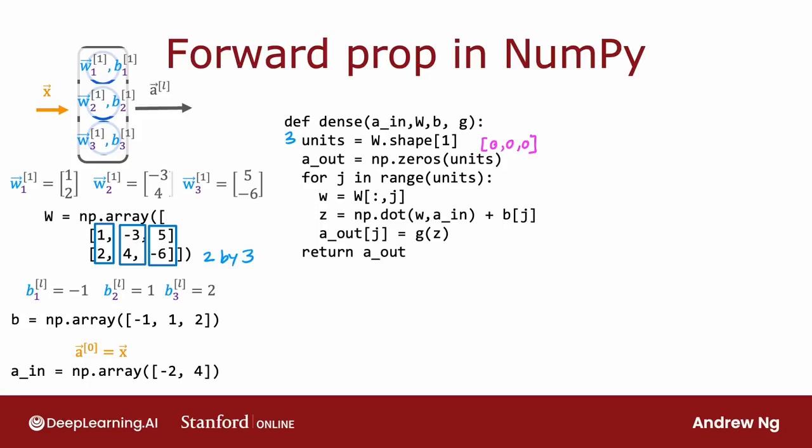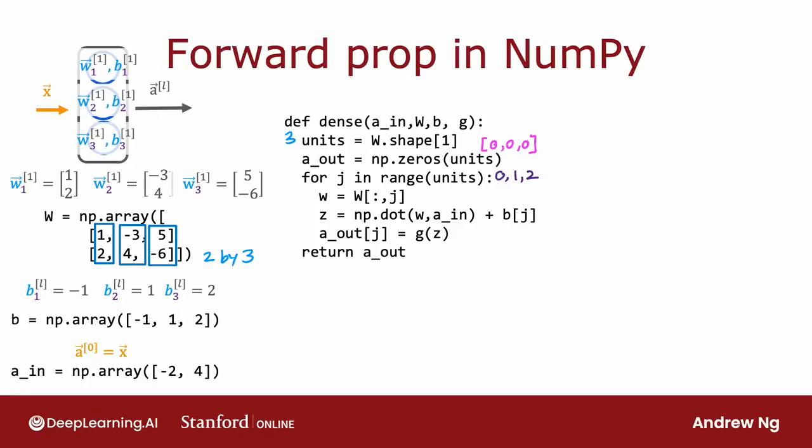Next, we go through a for loop to compute the first, second, and third elements of a. So for j in range(units), so j goes from 0 to units - 1. So it goes from 0, 1, 2, indexing from 0 in Python as usual. This command, w = W[:, j], is how you pull out the jth column of a matrix in Python.